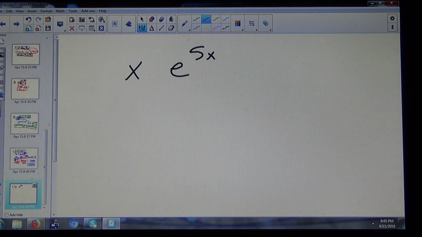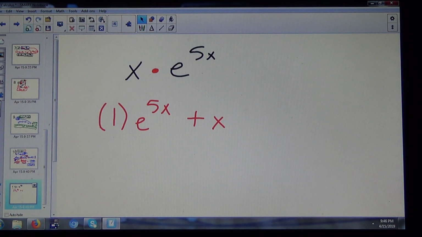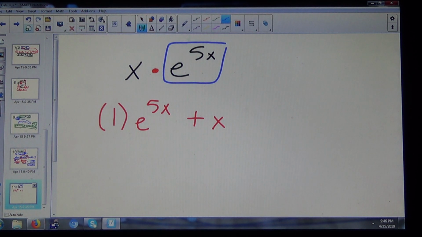You'll have to know what's happening between here, which is a product, so we got the derivative of the first times the second plus the first times the derivative of the second.